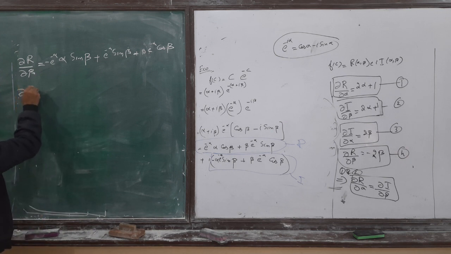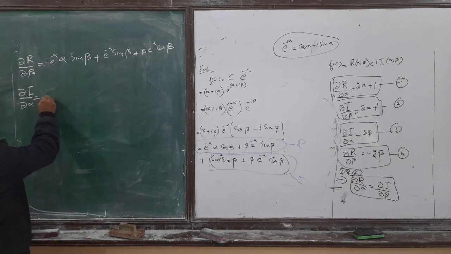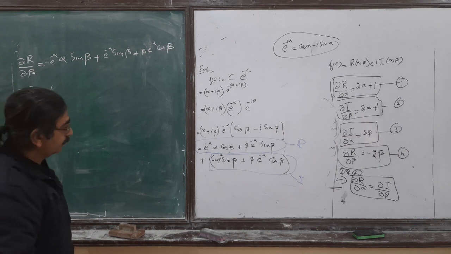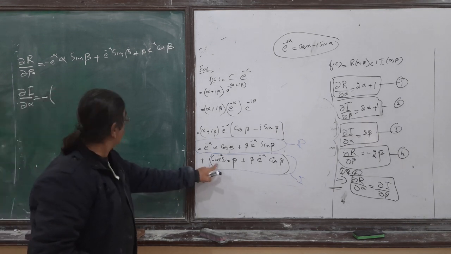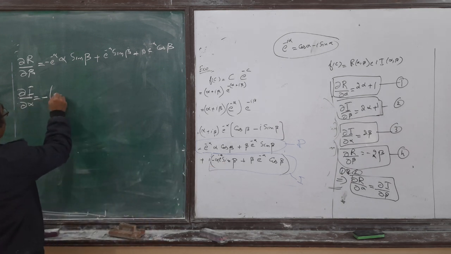Partial I over partial alpha. This is I, minus taken common. Firstly, we take the derivative with respect to alpha.